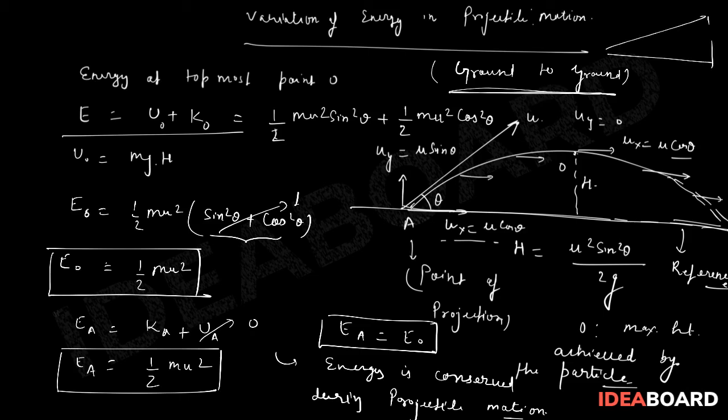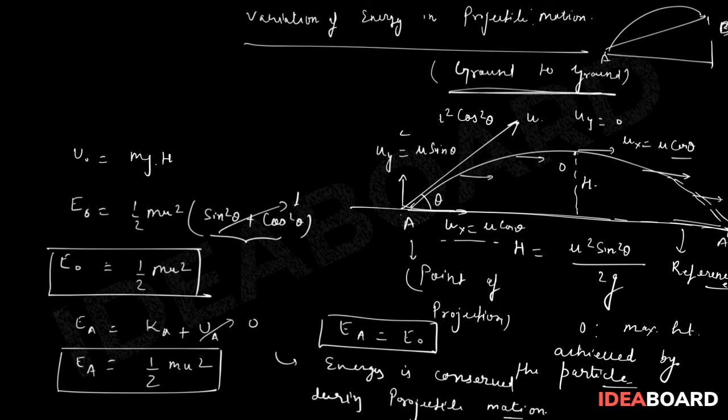Let's say this is the inclined plane, so at point A and at point B energies will be the same, but the potential energy and kinetic energies will be different. But here at point O and let's say at point A dash where it comes back, energies will be completely the same. Okay, so that is a very important scenario in projectile motion.